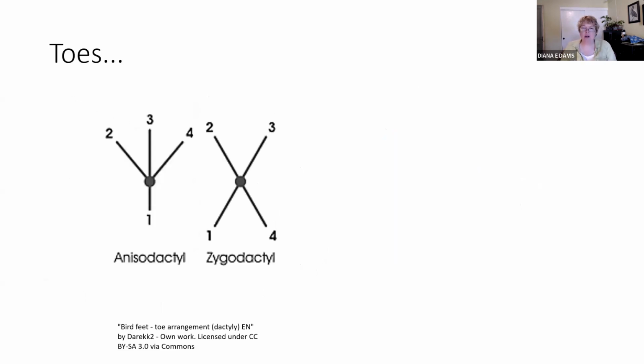All right, more big fancy words. There are several ways the toes on a bird can be organized. These are two of the most common ones.